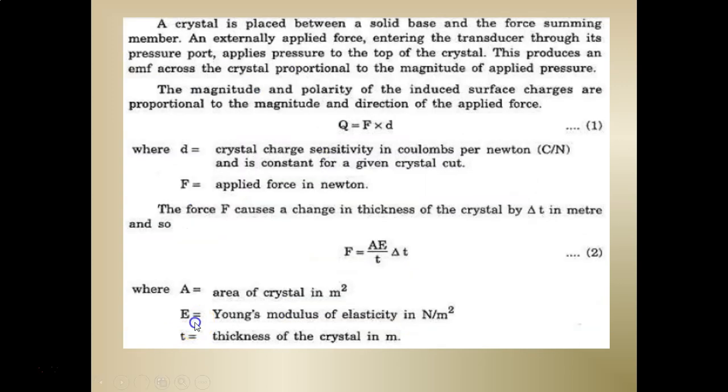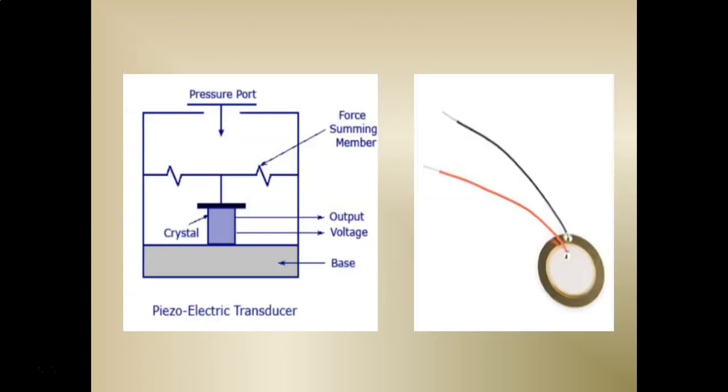So here the crystal is placed on a base and here the pressure port is here. So when the externally applied pressure is applied on this pressure port, because of this force summing member, the pressure will be applied on the crystal.